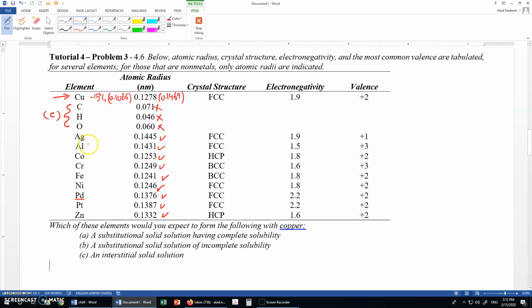Okay, so now look at the silver. The second condition is that the crystal structure should be the same. The crystal structure of copper is FCC.